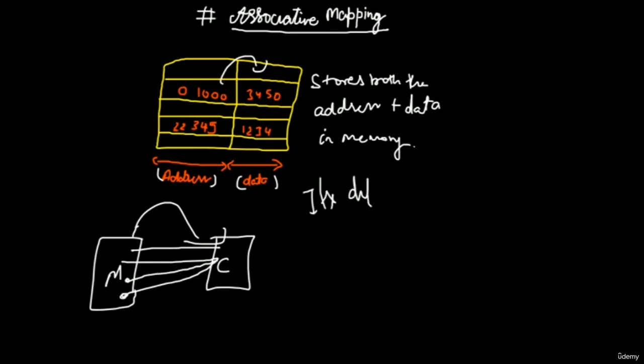We can have two words, just determining the length, the byte of it, that's it. We can have two words with the same index, but we have to mention its different tag.